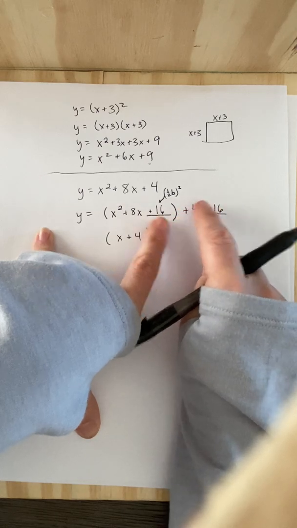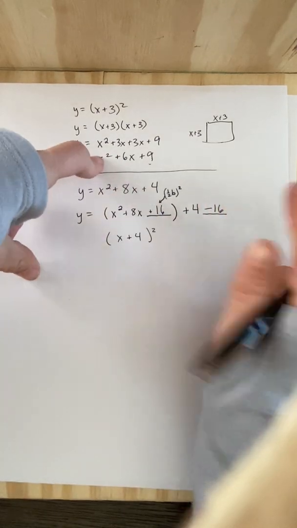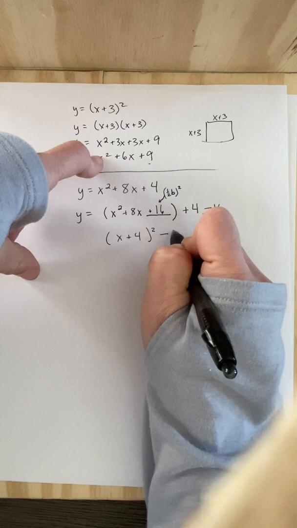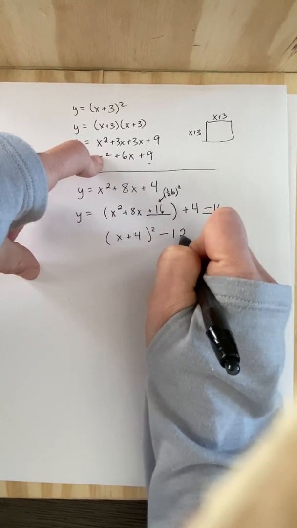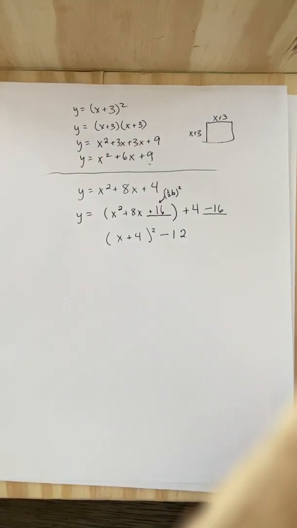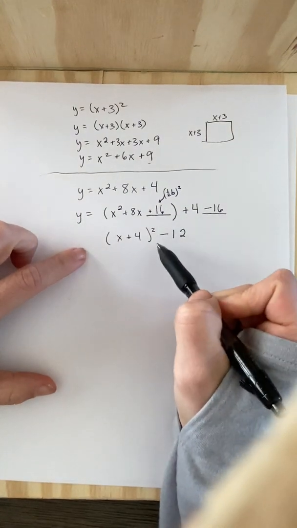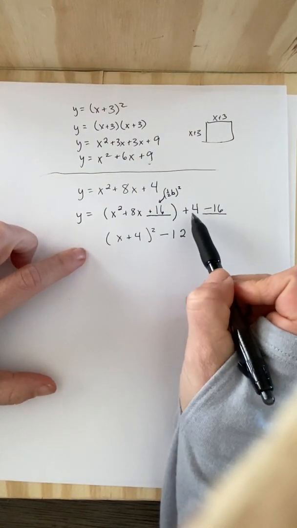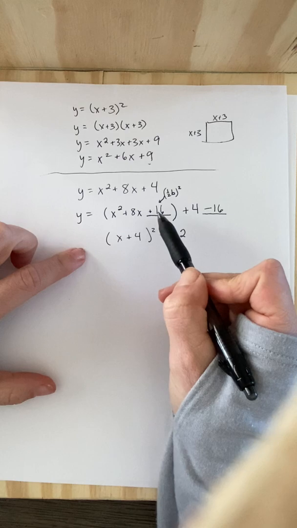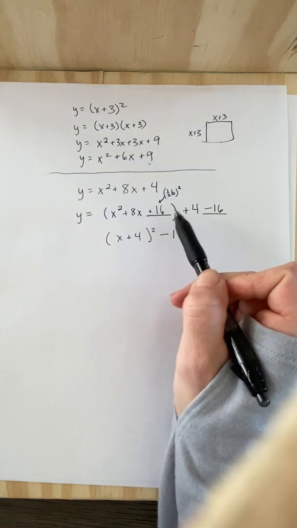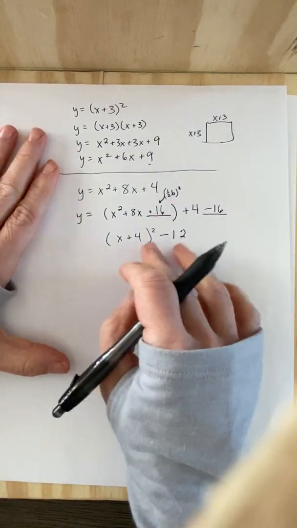This is how we're accounting for the fact that we've changed the structure. So positive 4 minus 16 is negative 12. It was positive 4, now it's negative 12. That accounts for that 16 that we snuck in there, and it balances it out.